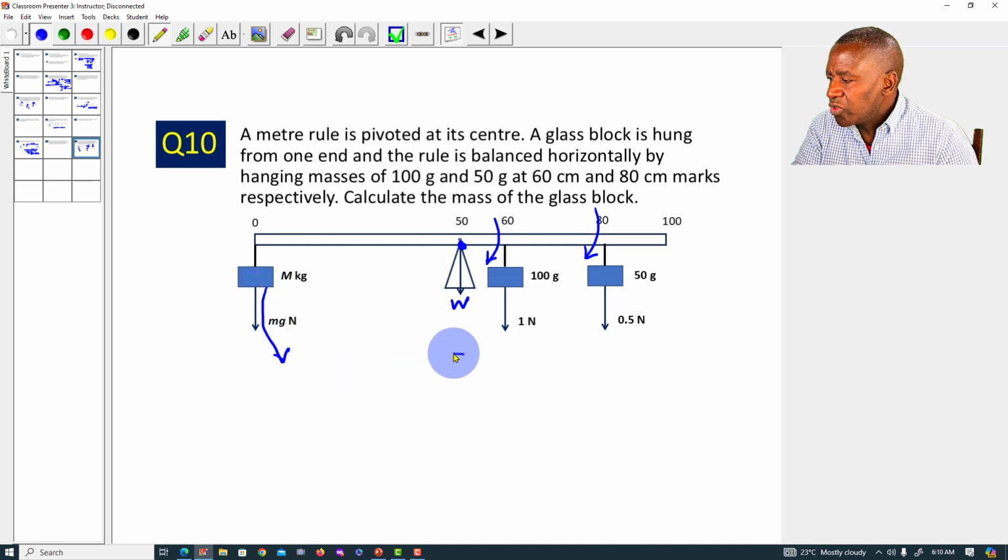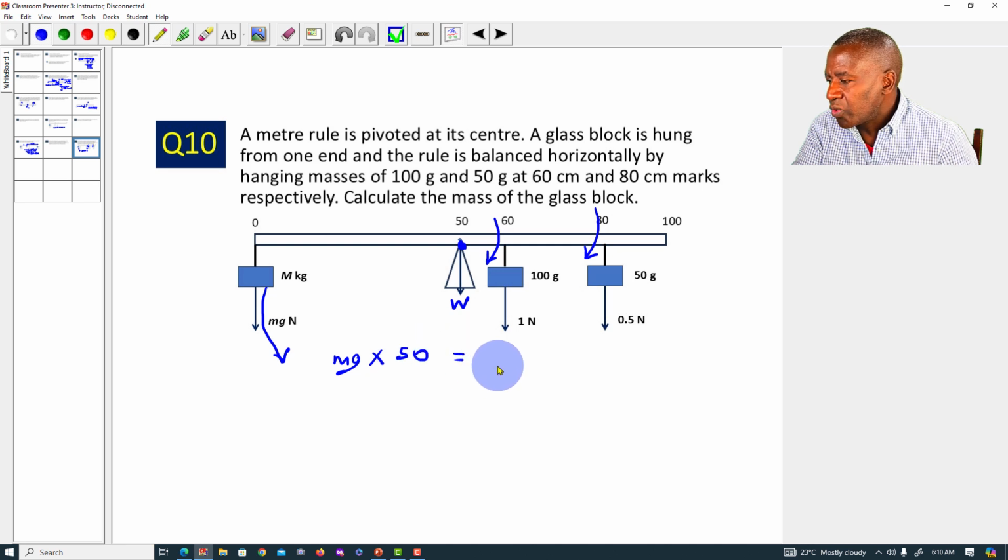So once you put your equal sign here, the anti-clockwise moment will be equal to mg times how far it is from this point. This point is the 50 centimeter mark, so you're going to multiply by 50.